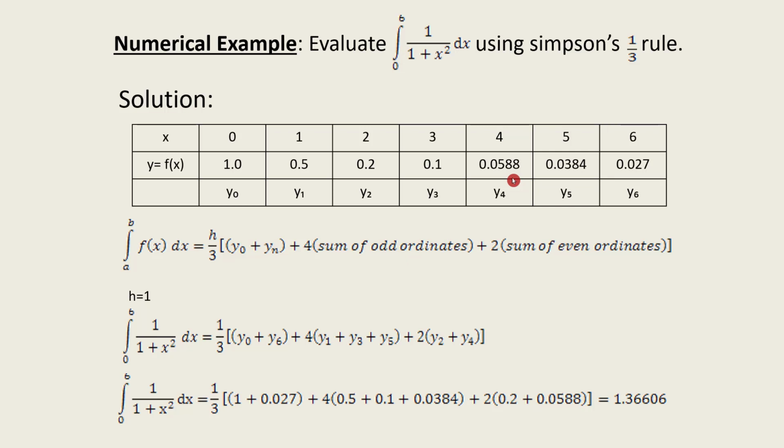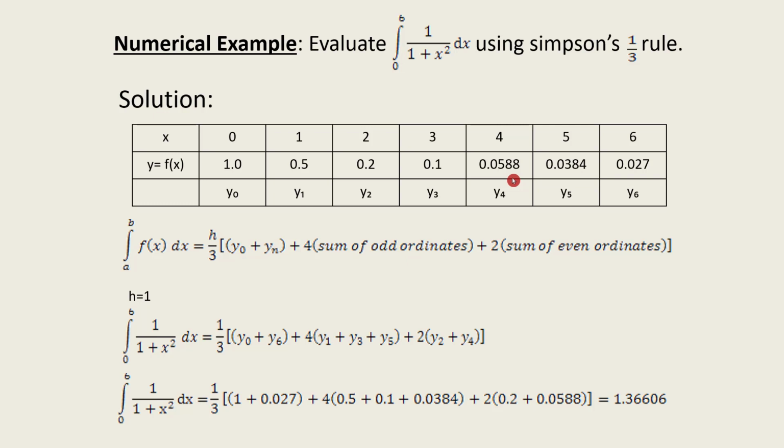We have f(x) equal to 1/(1 + x squared), which is given in the question. Corresponding to each x value, we find the f(x) values, which are shown in the table. These values are represented by y0, y1, y2, y3, y4, y5 and y6.